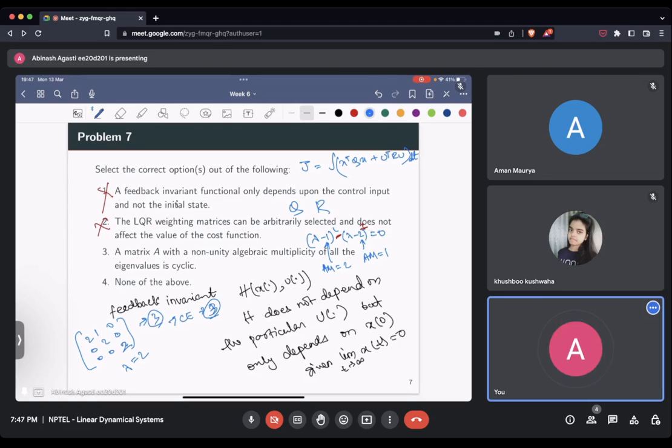So you are getting only one solution, 2, meaning (lambda minus 2) whole cube equal to 0 is the characteristic polynomial. So if this is the characteristic polynomial, then clearly algebraic multiplicity for all eigenvalues is greater than 1. It is not 1, non-unity.